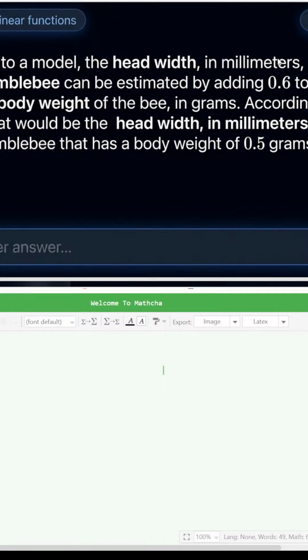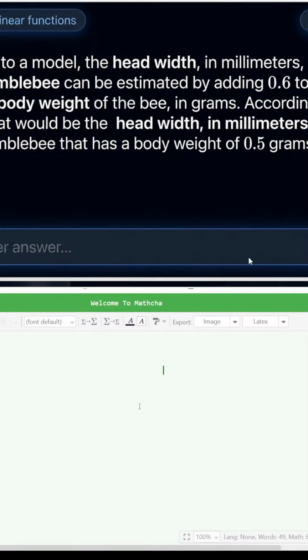So we are given a function of the head width of the bumblebee in terms of its body weight, such that the head width in millimeters is 4 times the body weight of the bee plus 0.6, and we are told to find what the head width would be if the body weight is 0.5 grams.